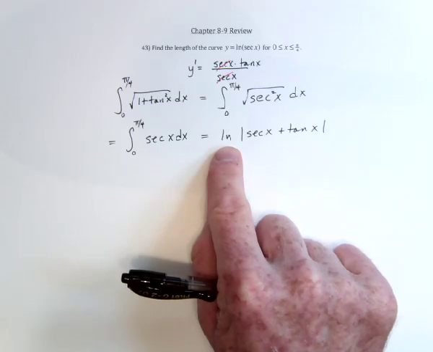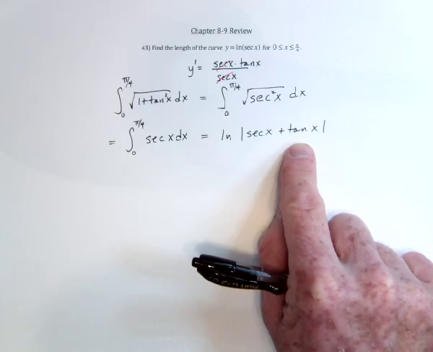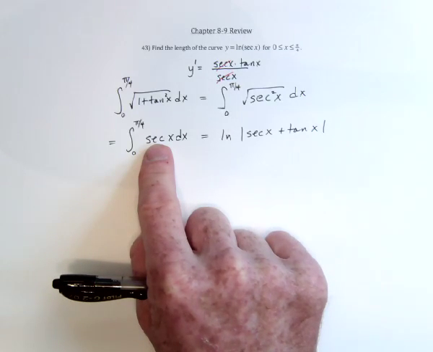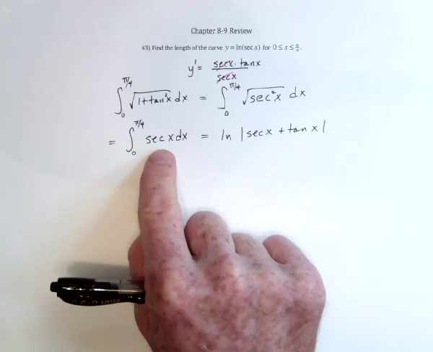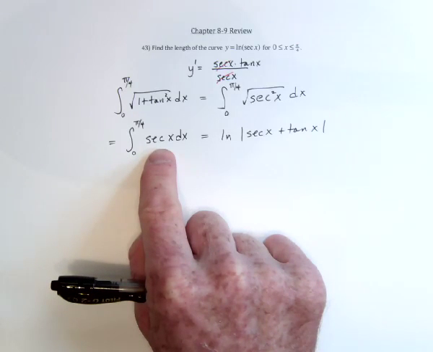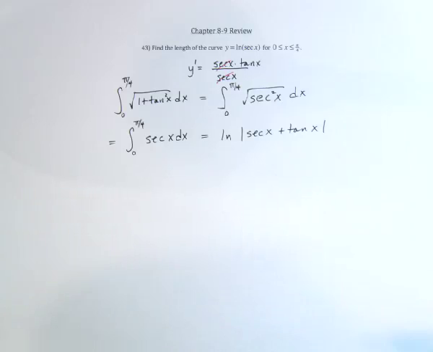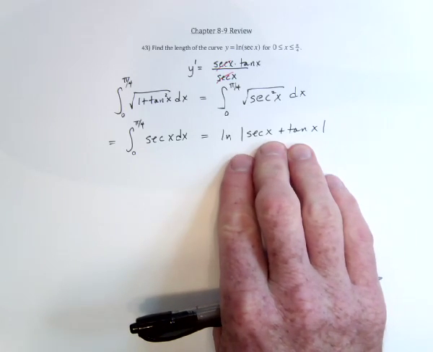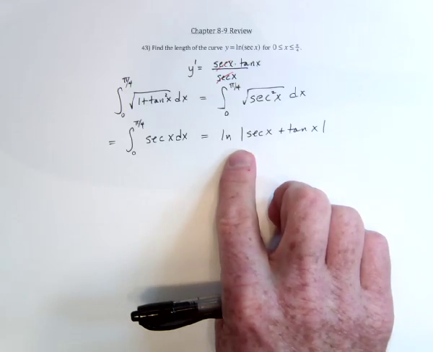And if you ever want to see where this comes from, or recreate it yourself, then take this, write it as a fraction over 1, multiply the numerator and denominator by secant of x plus tangent of x, do some algebra and some trig identities, and eventually you'll end up with this as the integral. It's better though just to remember it.